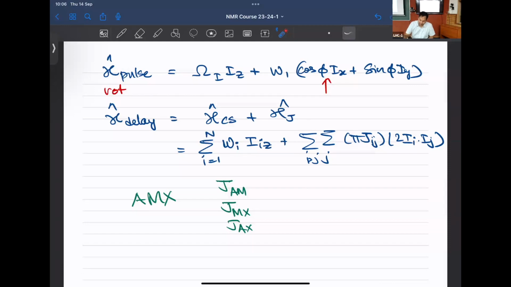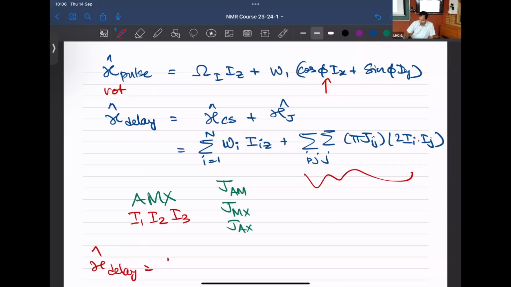So just to finish off this question, because I wrote the scalar coupling Hamiltonian in a way that we are not comfortable with. Let's say we are taking three spins where A can be I1, M can be I2, X can be I3. The Hamiltonian for this would be written as chemical shift, which will be omega I1 I1Z plus omega I2 I2Z plus omega I3 I3Z.